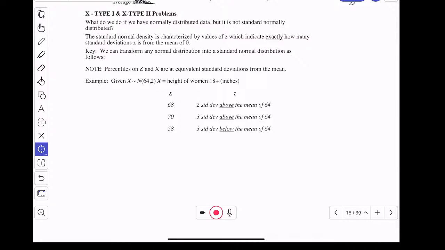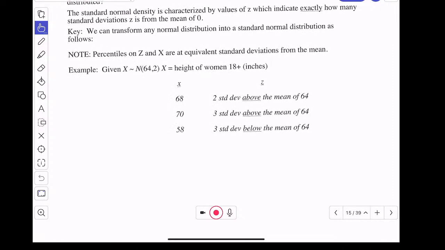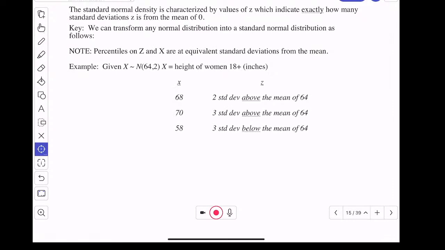Notice in the example that we began with, the example regarding heights of women, we could refer to each of the broader tick marks, this 68, for instance, for that variable x, for the value 68. 68 is also 2 standard deviations above the mean of 64.